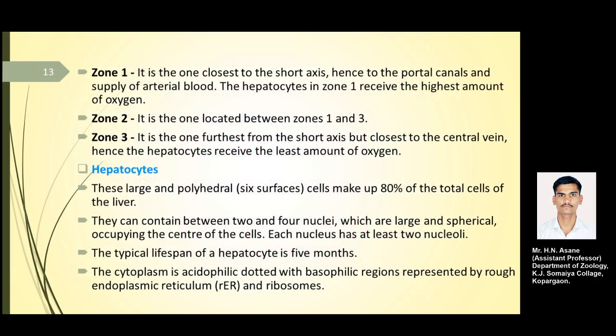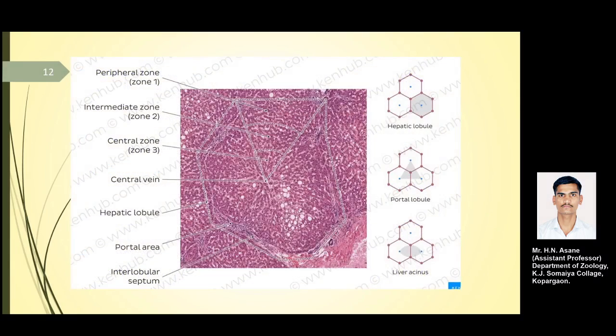So the hepatic cells and their arrangement in the lobule: the liver has two main constituents, the epithelial parenchymal cells at its periphery, and the system of blood canals, which you can see with the portal areas or the interlobular septum.